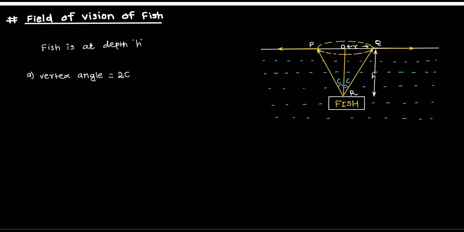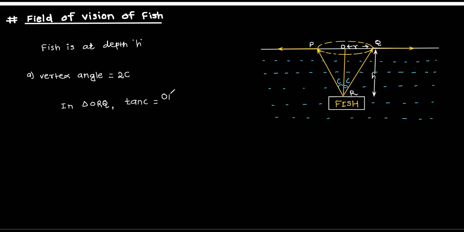Now, in a triangle ORQ, see here, tan of C is equal to what? This opposite by this adjacent.